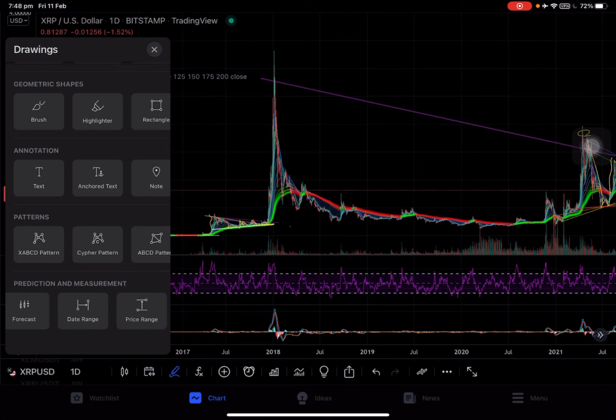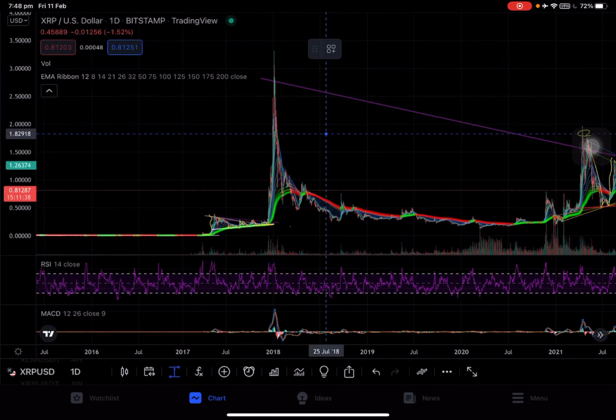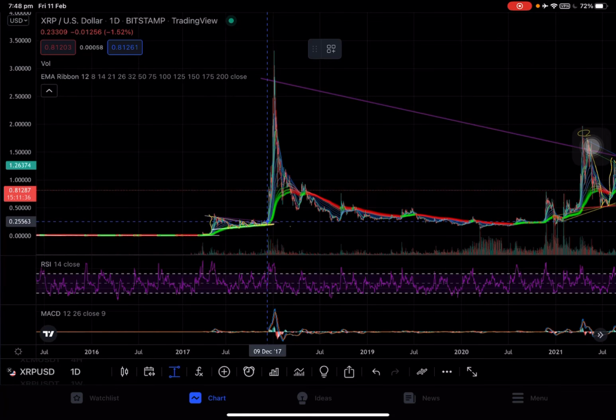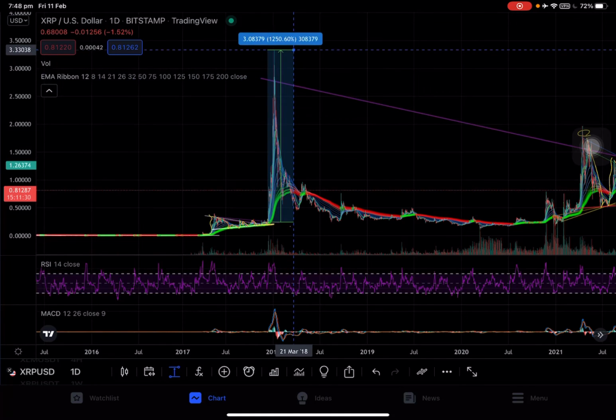We'll go to price range here and click this one, and we'll just draw down from where this asymmetrical triangle finished, and I guess we'll draw it to the top. That was a 12,000% increase. And obviously the world wasn't ready for XRP yet, so it didn't hover up there for very long.